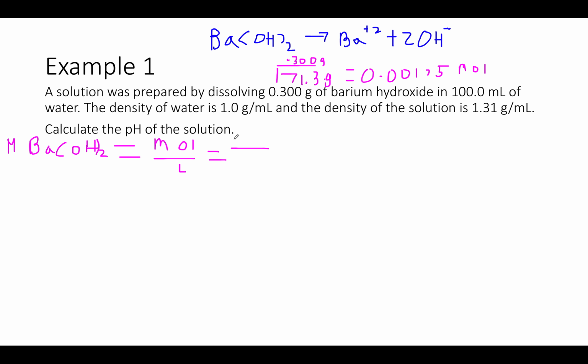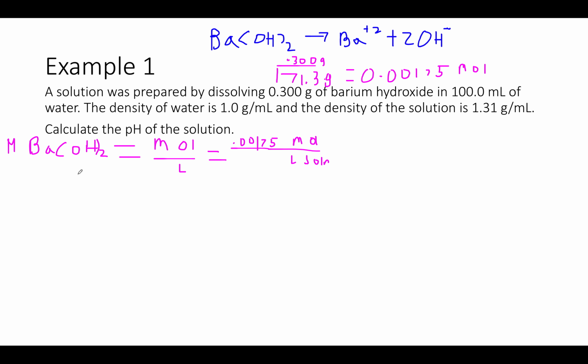So that is the moles, 0.00175 moles. Remember, we're finding the molarity of the barium hydroxide, so now we need to find the liters of solution. We have 0.3 grams of barium hydroxide in 100 mL, but we also have the 100 grams of water.